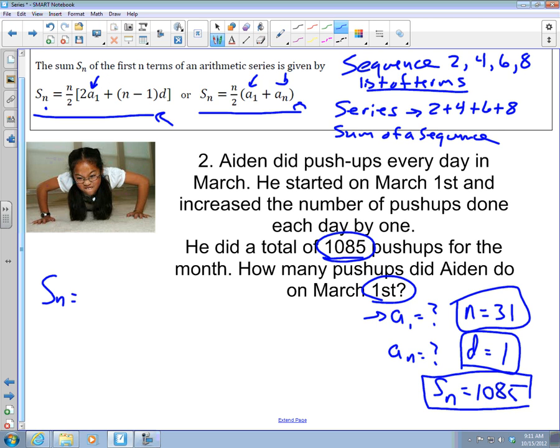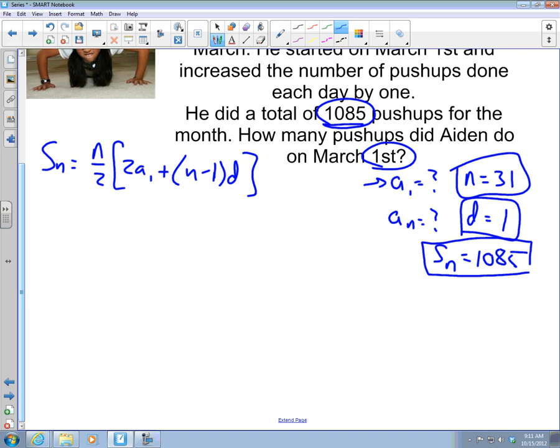S sub n equals n over 2 times 2 times a sub 1 plus n minus 1 times d. And the only thing I don't have here is the a sub 1. I can plug everything else in and then solve for a sub 1.